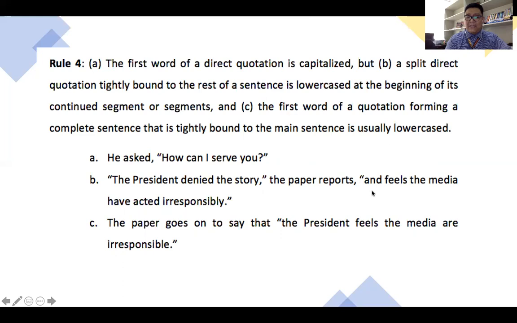So in this case, even if there is a new citation here, this is actually still a continuation of the previous one, so you may not capitalize the first letter of the second half. Third one, the paper goes on to say that the president feels the media are irresponsible. So in this case, we did not capitalize this one because we have the word that, which could be just a continuation of the preceding group of words.